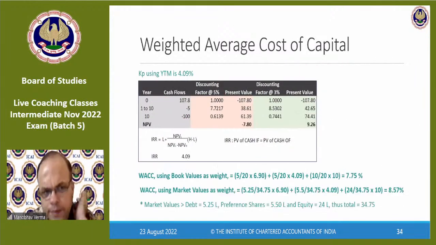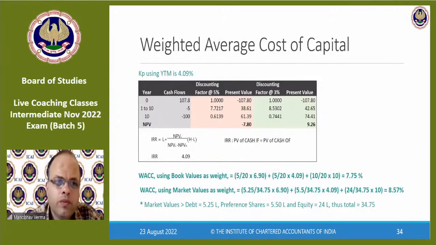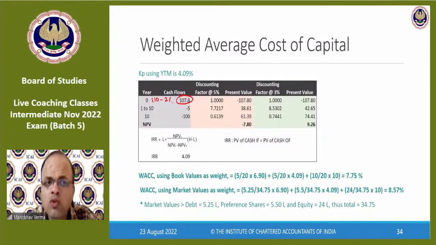So let's do that. Now, for the preference stock, our initial proceeds are 110 minus 2%, that is 107.8. For the preference dividends, the company will be paying, and there is no tax benefit.